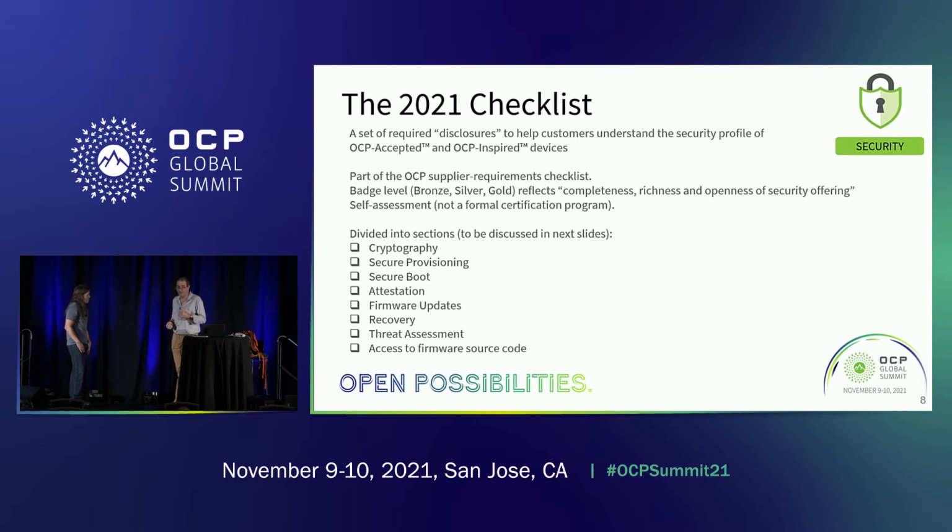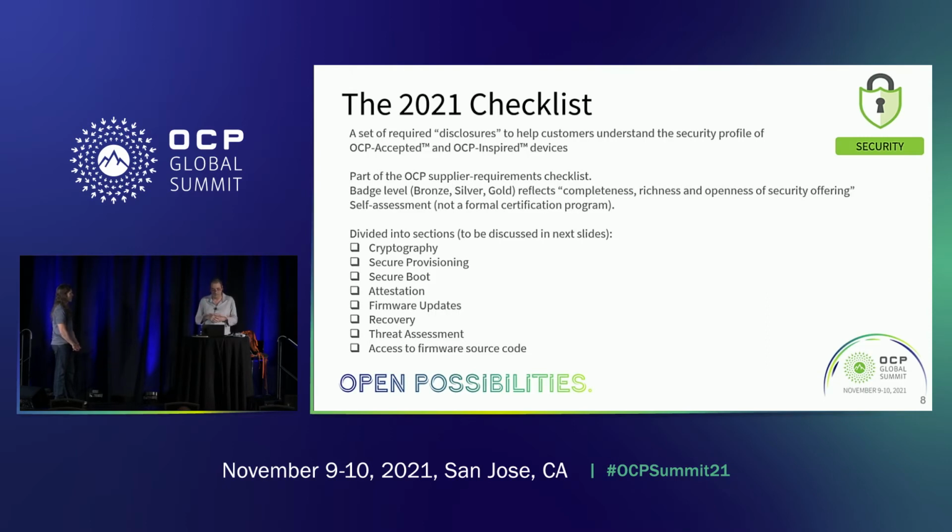So what is in the checklist? Basically, when we broke down security requirements for a system, we broke it down to a set of sections that we will go briefly over today. It starts with cryptography: what kind of cryptography you're using in your systems. How do you do secure provisioning when it comes to identity and unique identities for the systems?